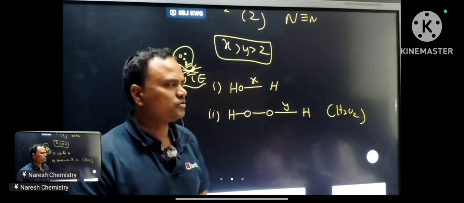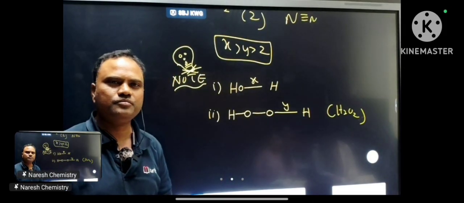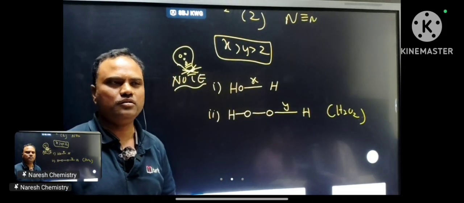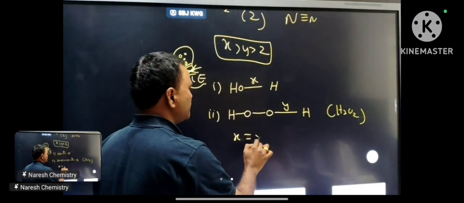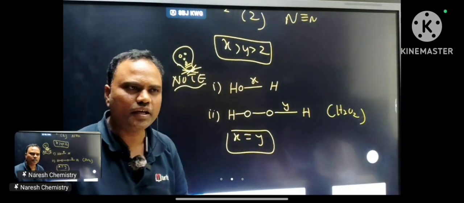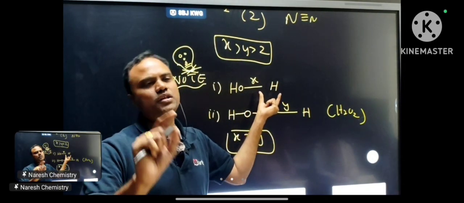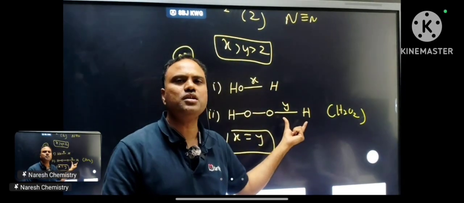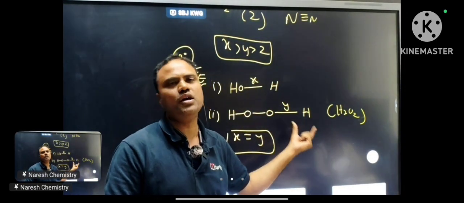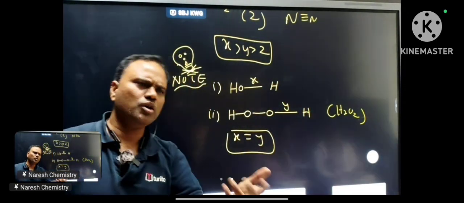Clear? So, what is the relation between x and y? x is equal to y. Why? You are considering the distance between oxygen and hydrogen here, and here also you are considering the distance between oxygen and hydrogen. That length does not change. The molecule may change.